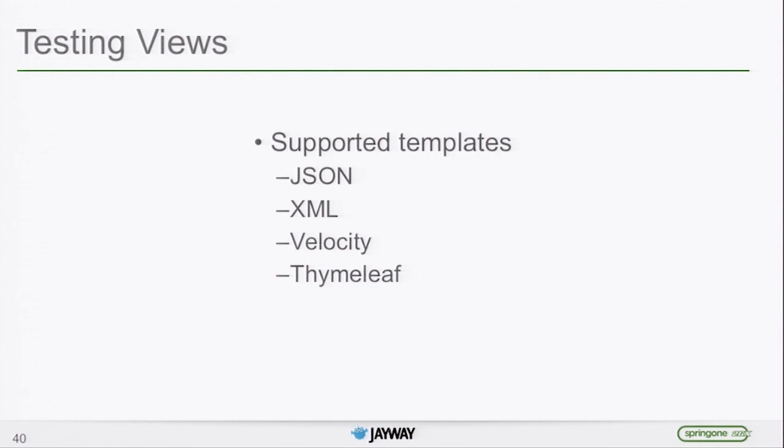There is one important exception, and that is you cannot validate JSP. And why? Well, remember I said we're using the dispatcher servlet. So we're not using any servlet container, and we're not using any application server, and JSP would have to be rendered by that. So that is the important exception.